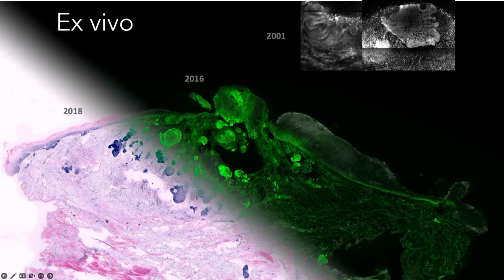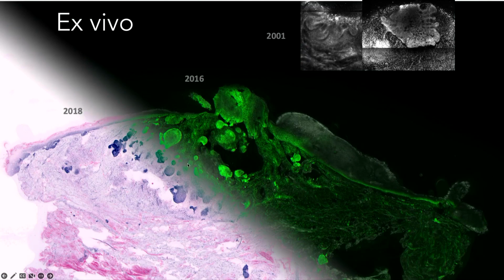Ex vivo confocal microscopy. So in 2001, we had this device that had reflectance and fluorescence with different lasers. But in 2016, we started to work with this prototype, and we helped Vivascope to develop this new generation of ex vivo confocal.